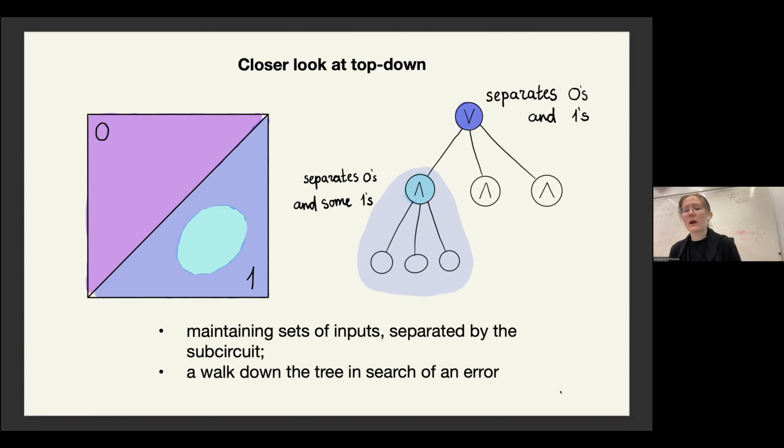And at some point, I arrive at some subcircuit and some set of zeros and ones about which I can somewhat trivially say, okay, but this subcircuit absolutely cannot separate these zeros from these ones. So this is a contradiction with our assumption that the circuit computed this function correctly. So this is how we should prove a lower bound.